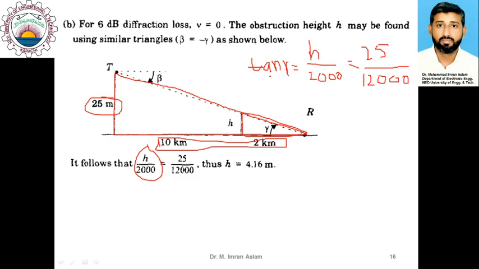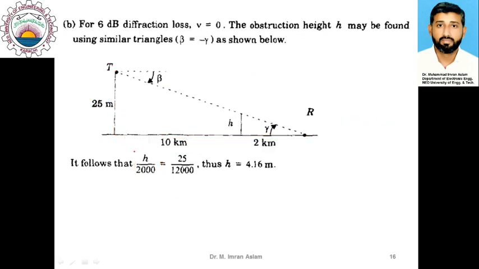So by comparing these two geometries, and because both focus on the same gamma, we can relate the ratio of the first triangle to the ratio of the second triangle.